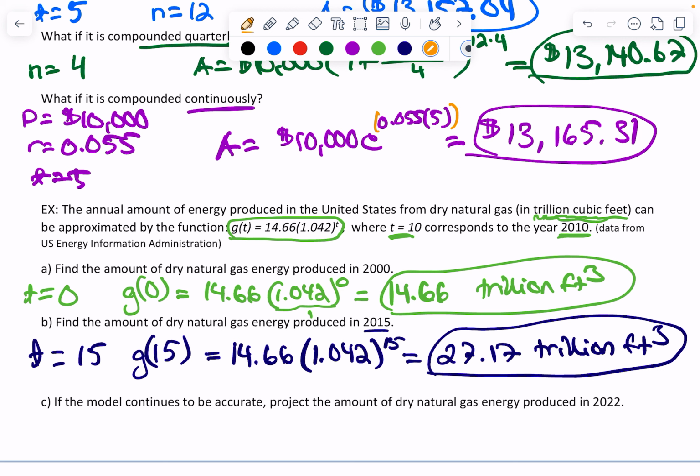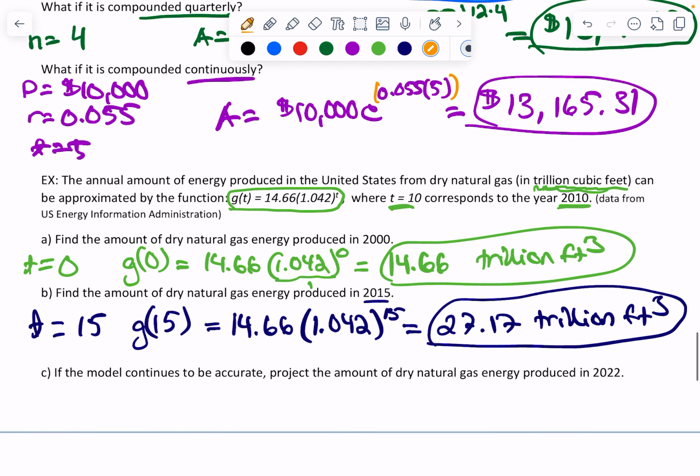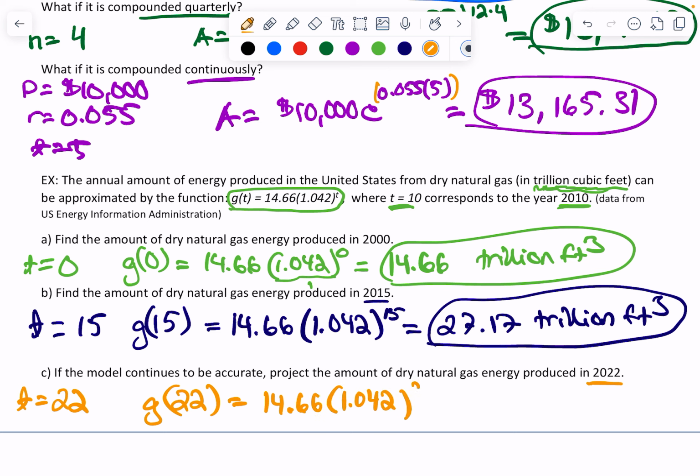And then, if the model continues to be accurate, project the amount of dry natural gas energy produced in 2022. T, this time, equals 22. So G of 22 equals 14.66 times 1.042 to the power of 22, which equals 36.24 trillion cubic feet.